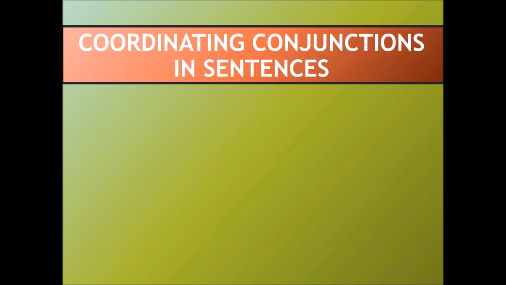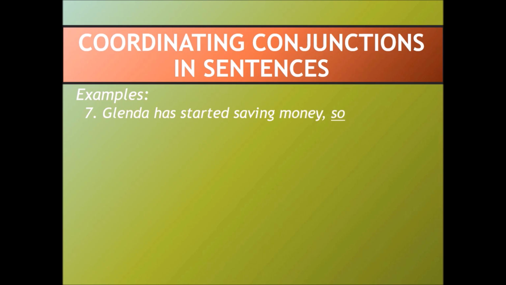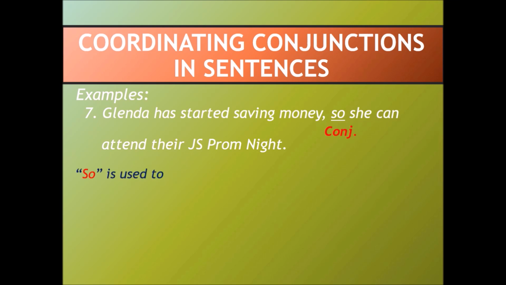Now let's have the last coordinating conjunction as used in a sentence. So here, example, Glenda has started saving money so she can attend their J's prom night, where so is a coordinating conjunction. So is used to connect two independent clauses when a result is shown.